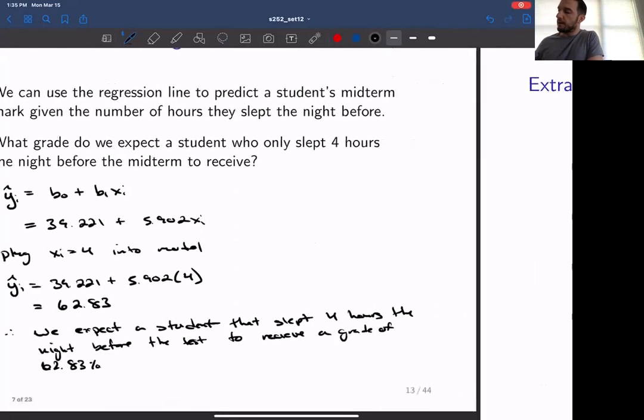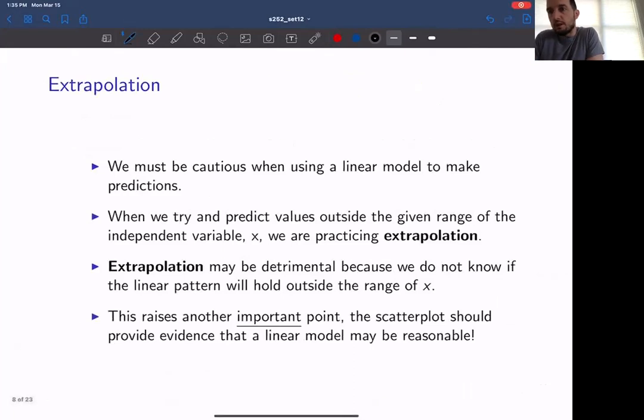One important consideration that we have to make when we use a linear model for prediction is we have only observed values of X within a certain range. So for example, in the sleep/midterm mark illustration, our values of X exist between about 1.5 and 10.5.